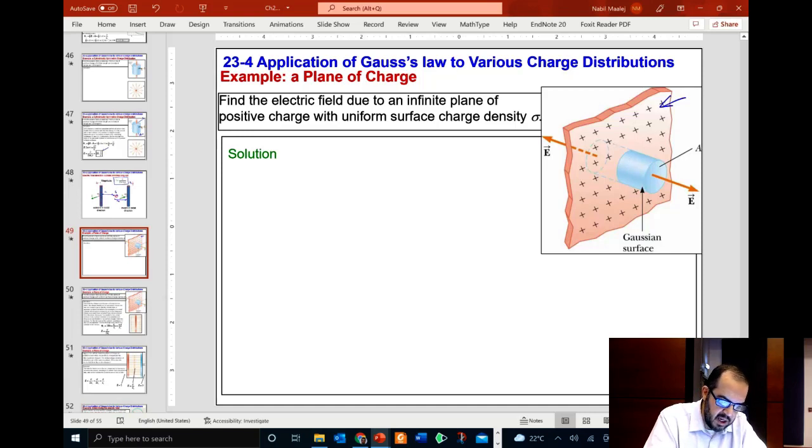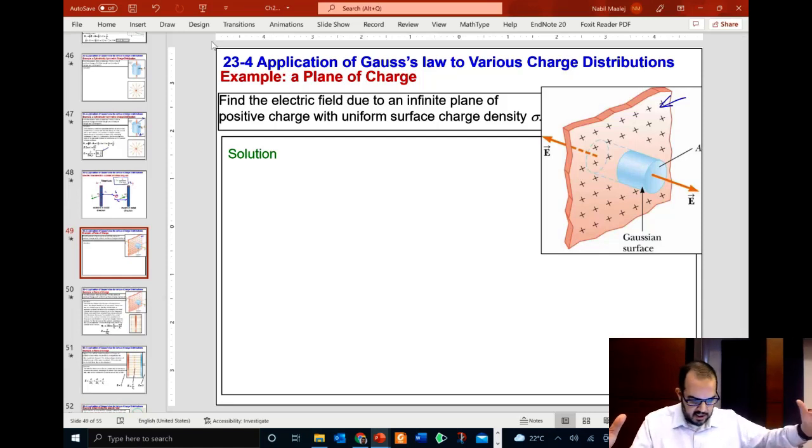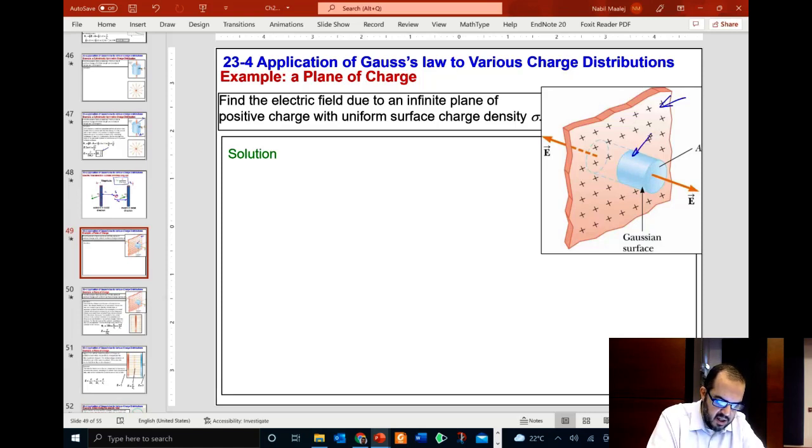It has a belt and two sides. We determined that the electric field is always pointing away from the positive charge. So on this surface here, the electric field and the area vector are perpendicular, so the flux is 0. But on the front side and the back side, let me write this.